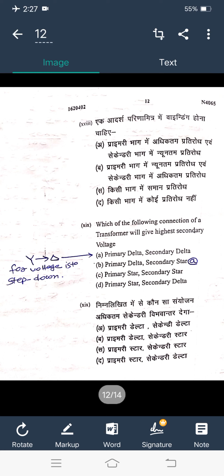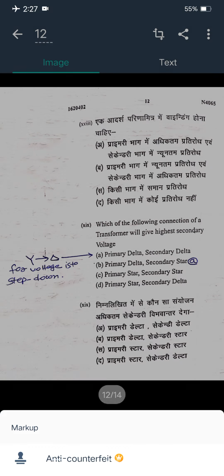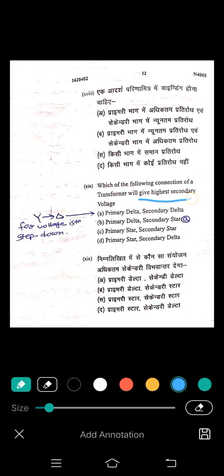That is the right answer, option B. For the lowest secondary voltage, it would be star to delta connection, which means a step down transformer is used.